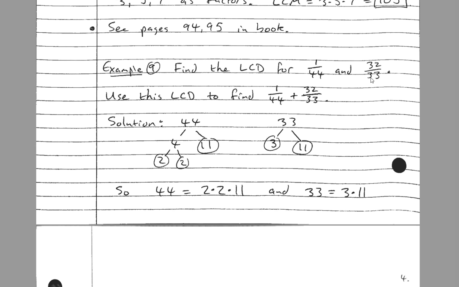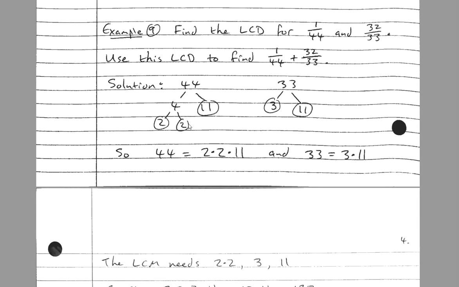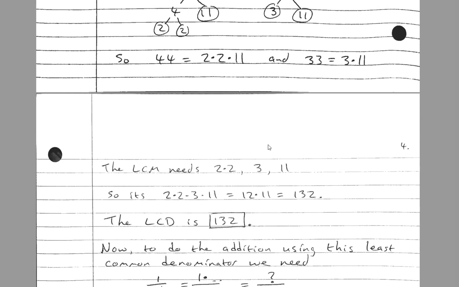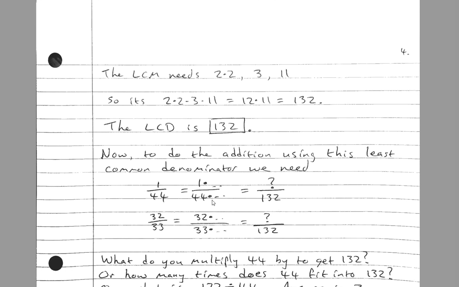And for these bigger numbers, you could make lists of multiples and find the least common multiple, but I definitely recommend using the prime factorizations. They help you see what's going on, so you can get the LCD, and you can also see what numbers you should be multiplying to get that LCD.